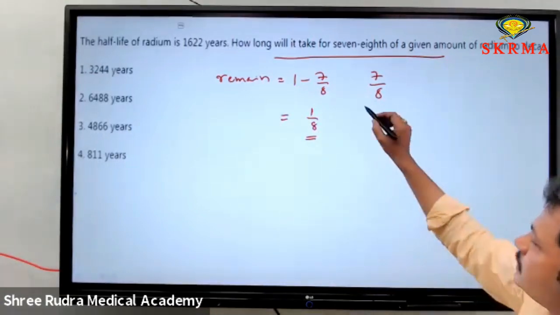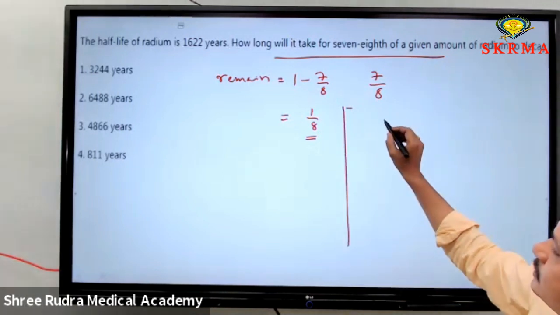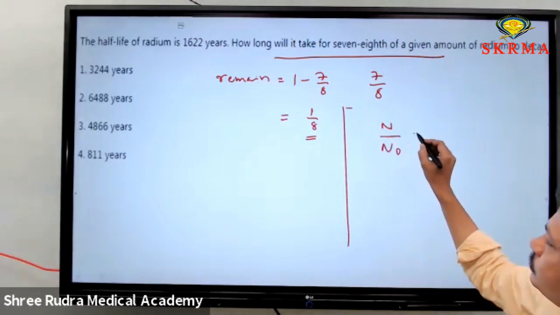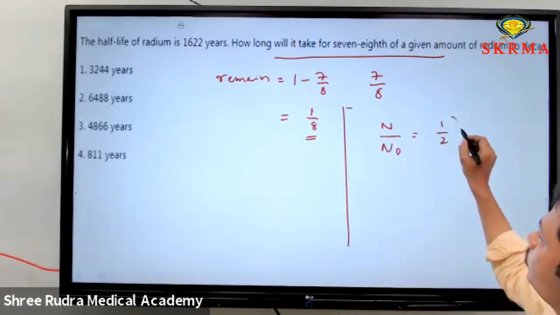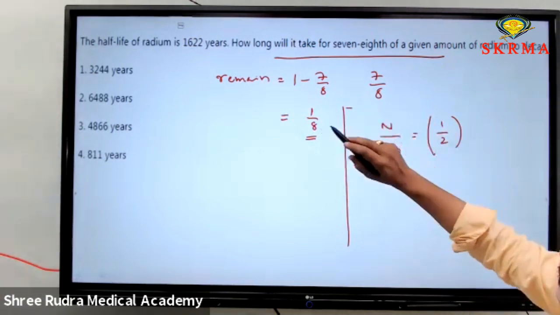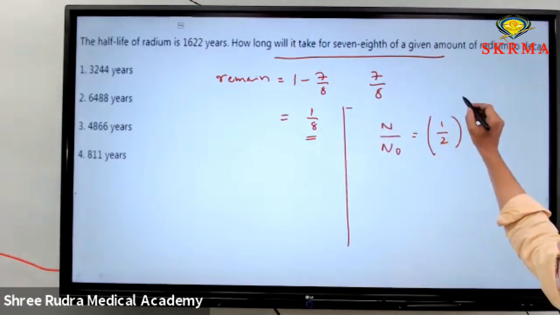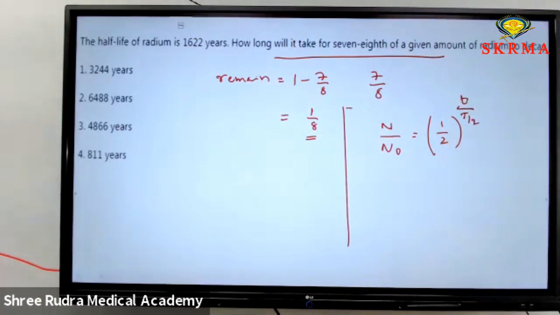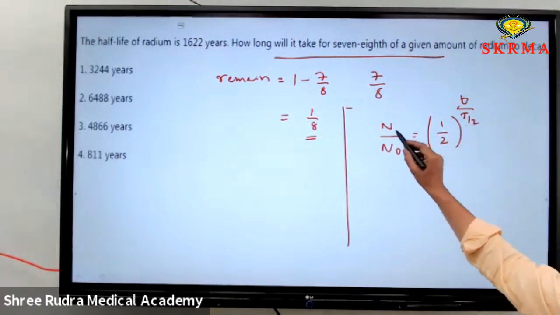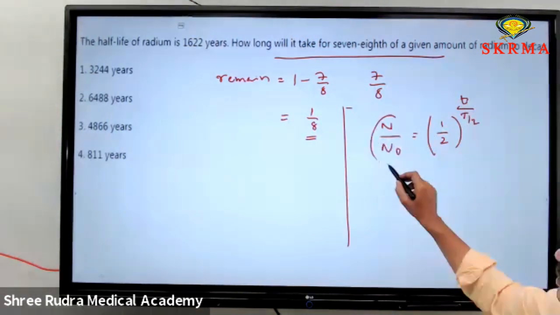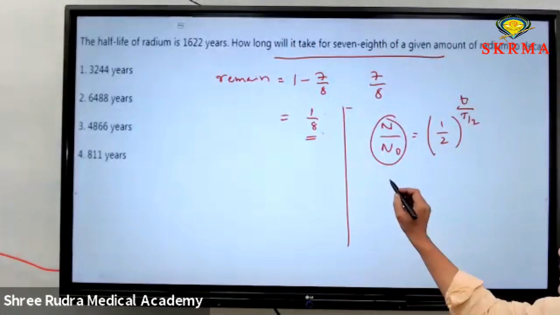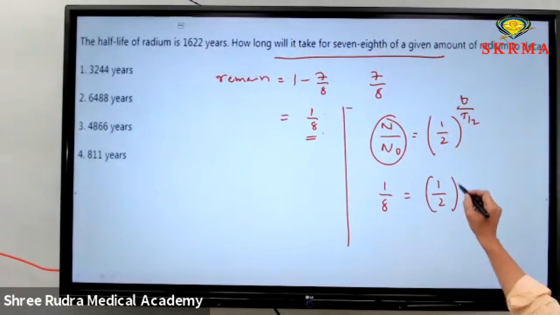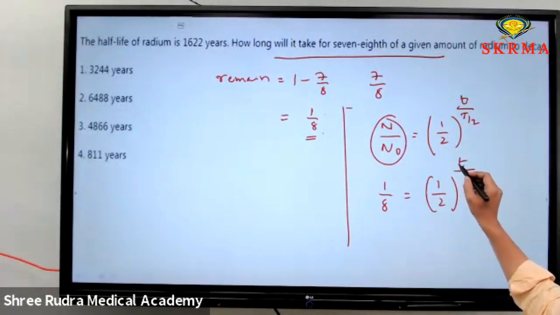From the basic equation, you can write N by N naught equals 1 by 2 whole power T by T half. We have to calculate the time T. The half-life is given as 1622 years. The N by N naught value is 1 by 8, which equals 1 by 2 whole power T by T half.